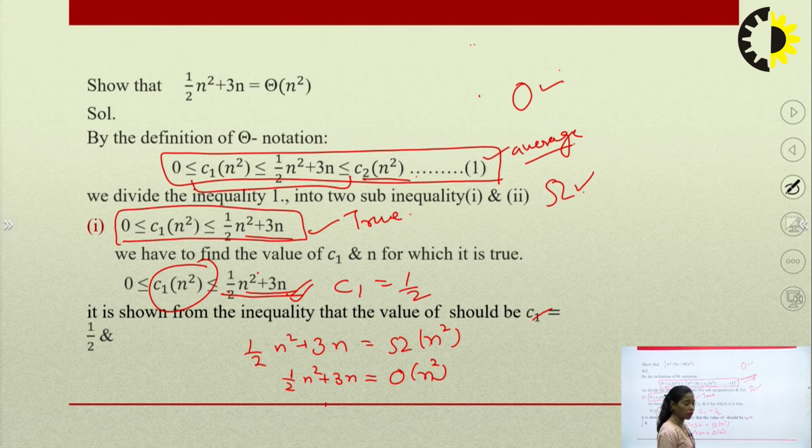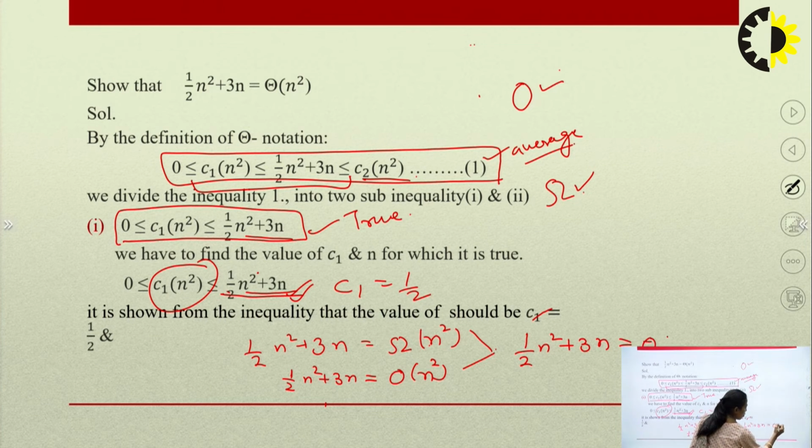With the help of these two equations, we can state that 1/2 n square plus 3n is equal to theta of n square.